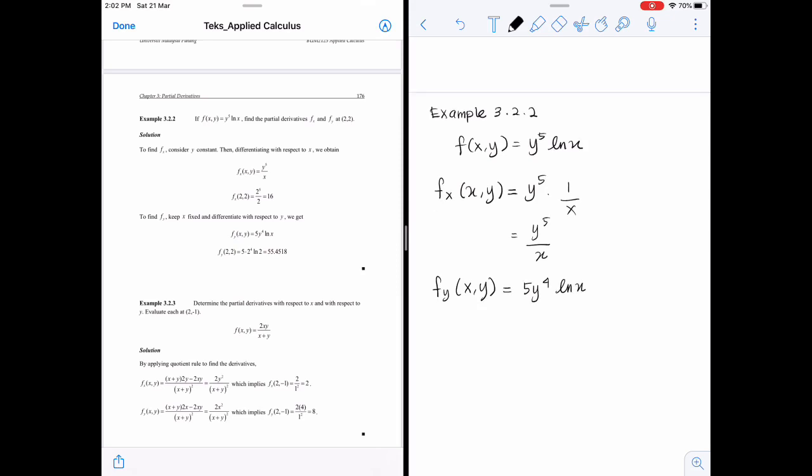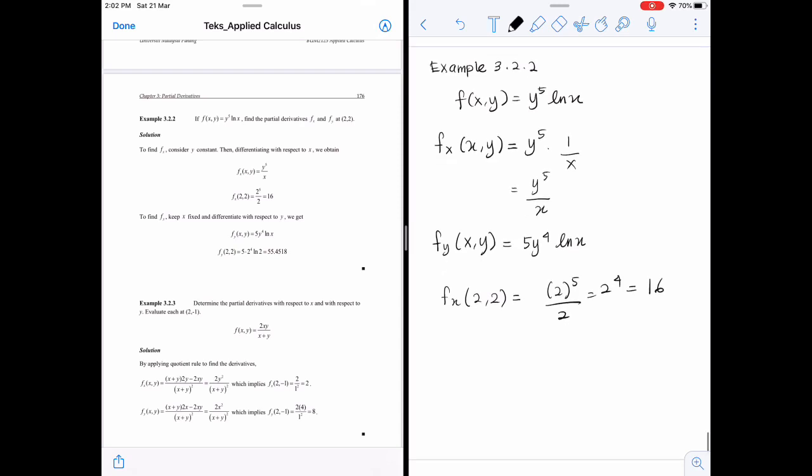Okay, now we have been asked to find the partial derivative with respect to x and y at the given point (2, 2). So just substitute the value of x equal to 2 and the value of y equal to 2 for the partial derivative of f with respect to x. So we will have 2 to the power of 5 divided by 2, equal to 2 to the power of 4, equal to 16.